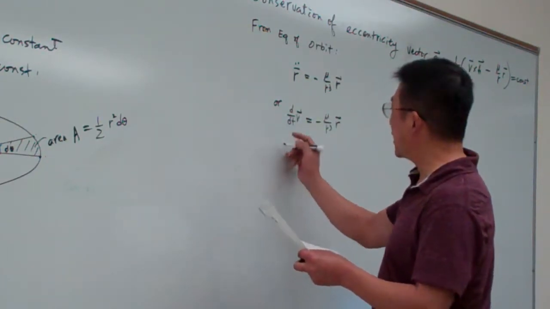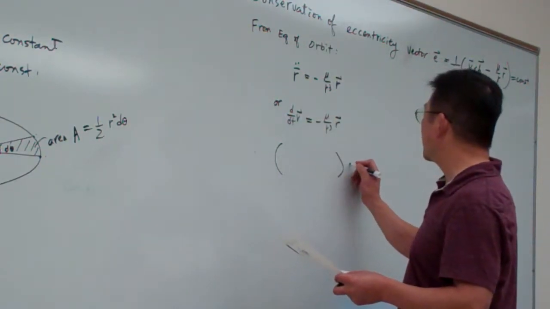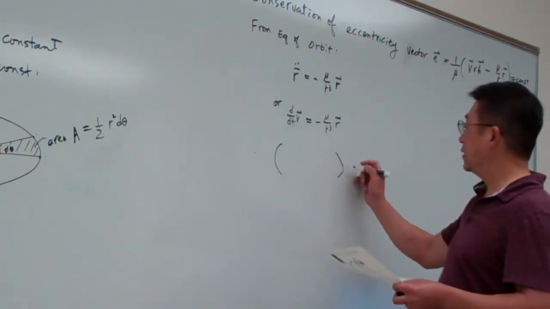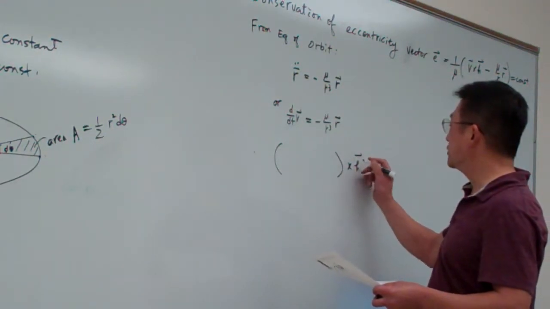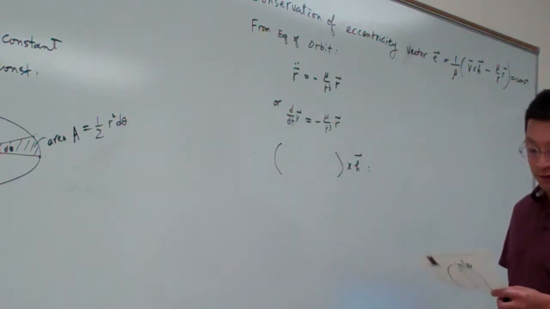Now we simply use this whole equation and take the cross product with H, then we see what happens.